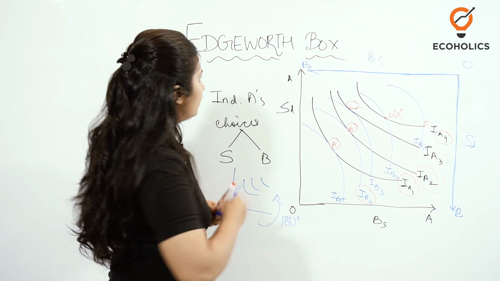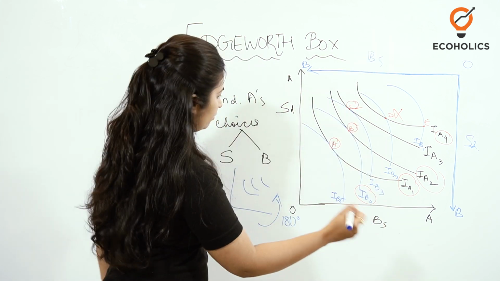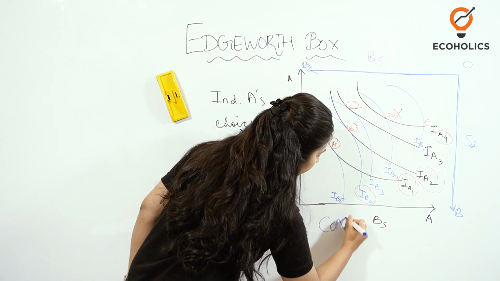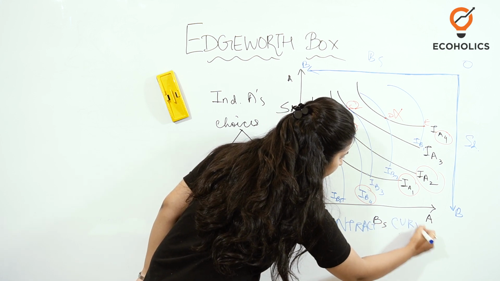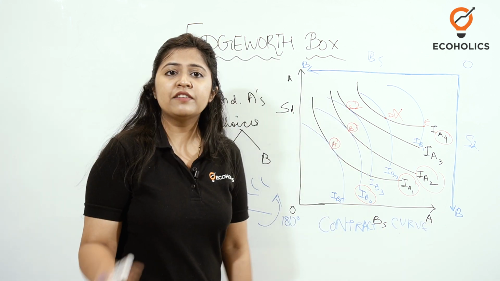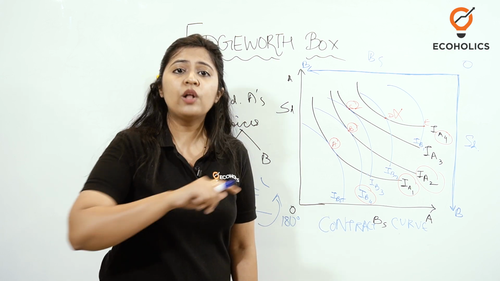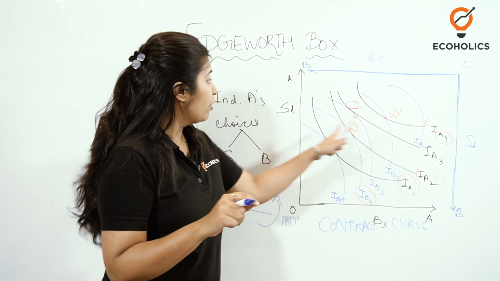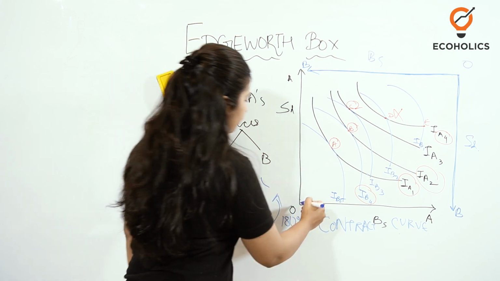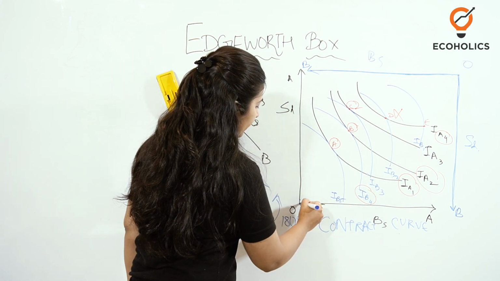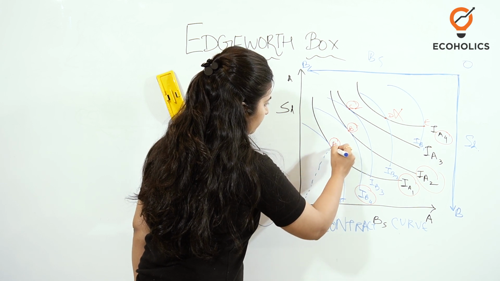I'm going to write over here. Contract curve. The contract curve is basically the locus of all the points of tangency which are showcasing the Pareto efficiency.